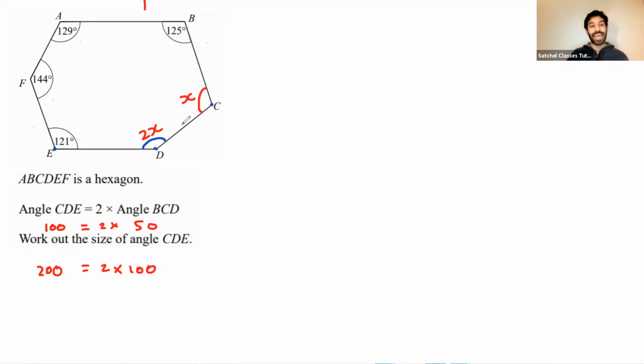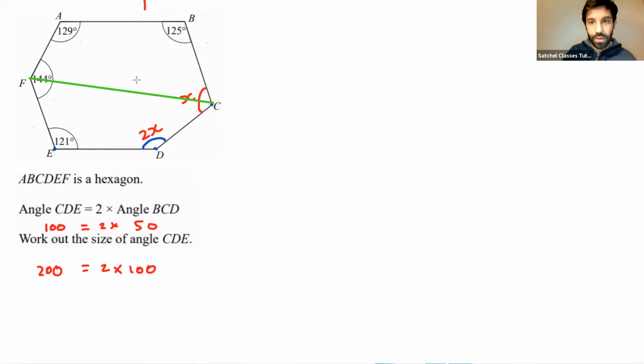And to be able to do that, we need to understand what is the sum of the interior angles. Well, what we have is a hexagon, so we can create 2 quadrilaterals, or you can split the shape up into as many triangles as you want, but I'm just going to take a shortcut and create 2 quadrilaterals. So the sum of angles is going to be 1 lot of 360 plus another lot of 360, which is 720.